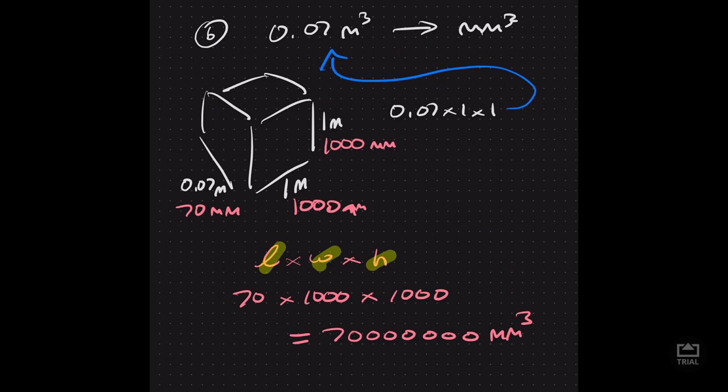And now to put that into scientific notation, so it's a little bit easier to read, it's just 7.0 times 10 to the 7 millimeters cubed. That's it. I'm done. Hope this was helpful.